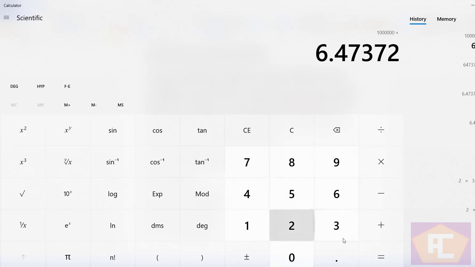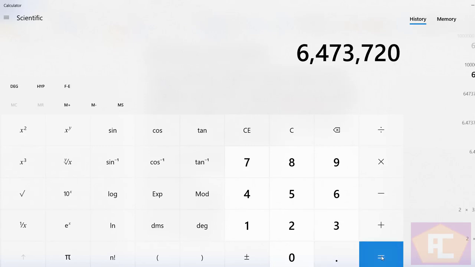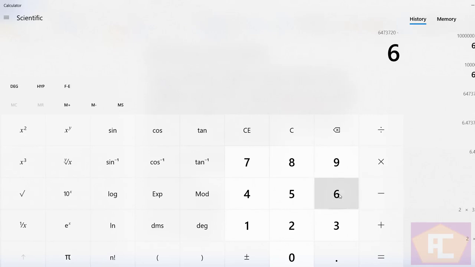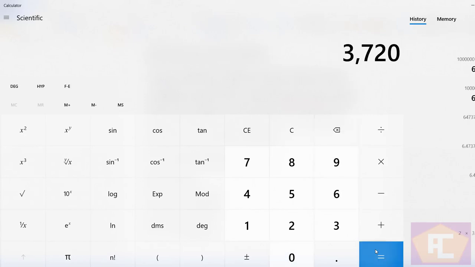So you are going to be getting 6,473,720 RMB. Now, if you were to check the difference against the first cambio, where you got 6,470,000, then you would be getting a difference of 3,720 RMB.